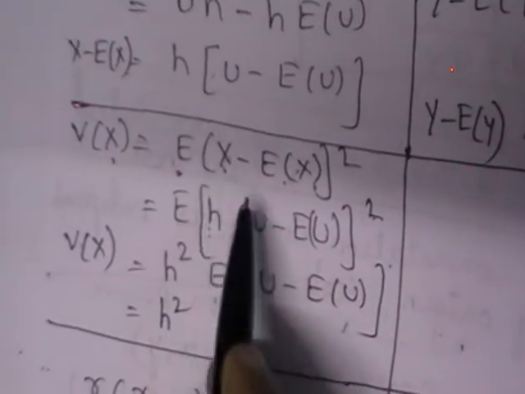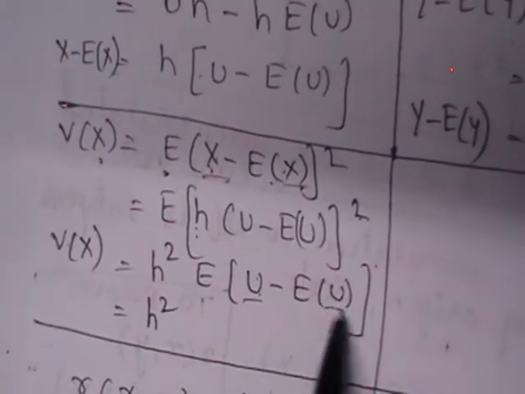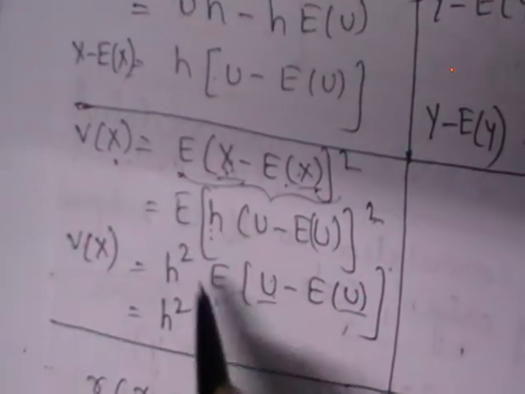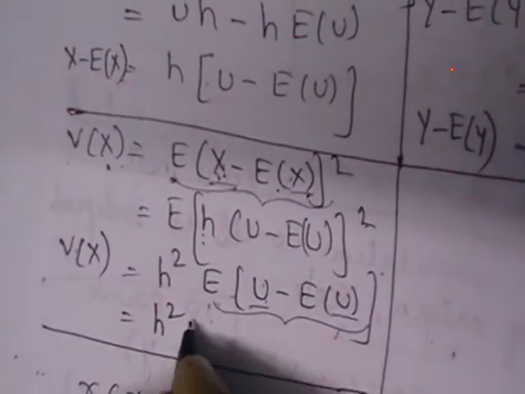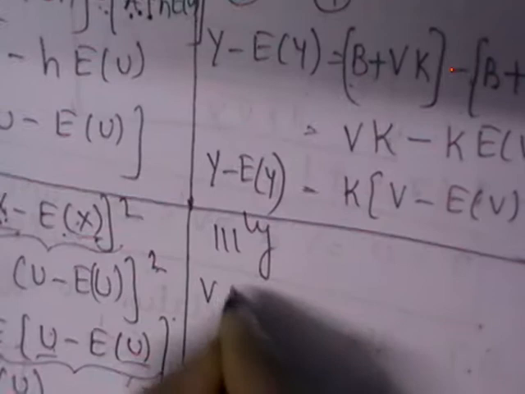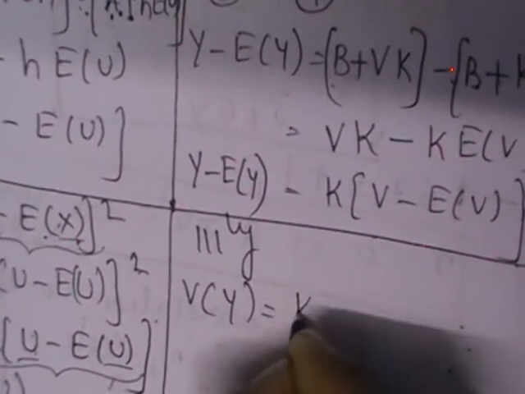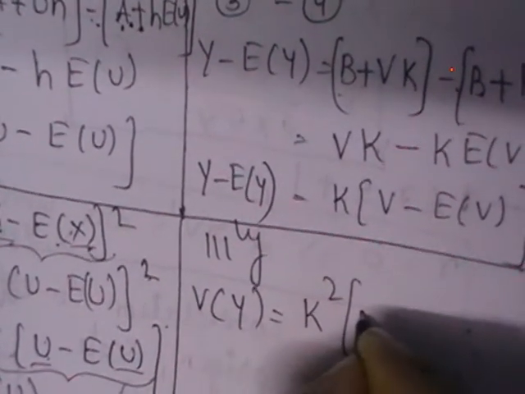If you compare these two, in place of x you have u, so the entire term is replaced with variance of u. So variance of x is equal to h square into variance of u. Similarly, you will get variance of y is equal to k square into variance of v.